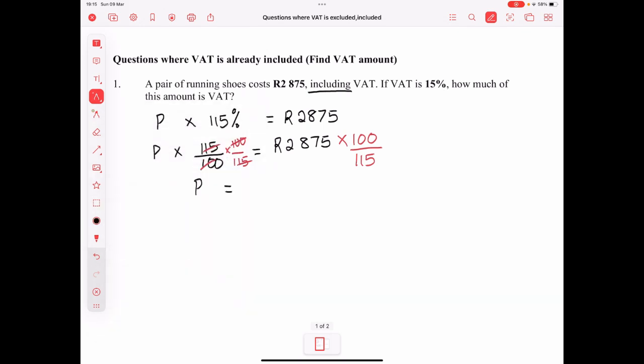So P is equal to, now we go 2,875 times 100 over 115. And you're going to end up with 2,500 basically. Okay.